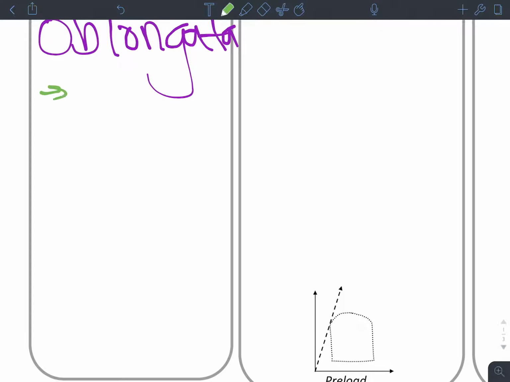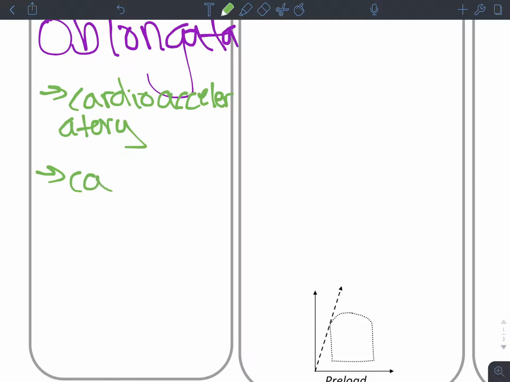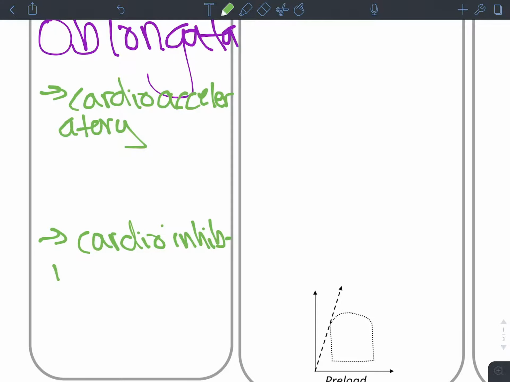We have the cardioacceleratory center and the inhibitory center.